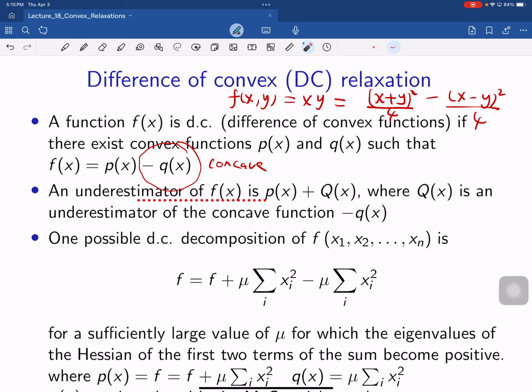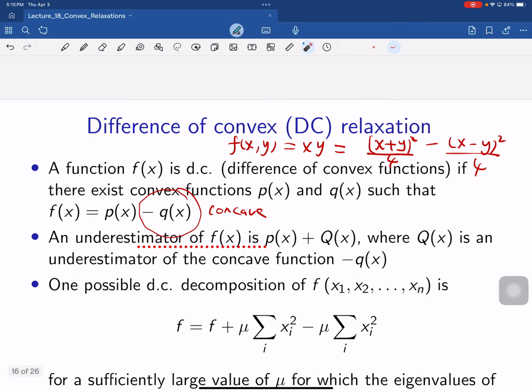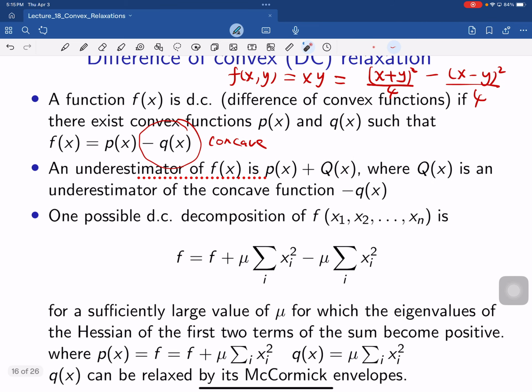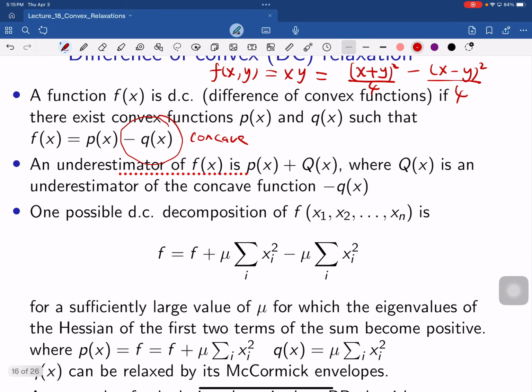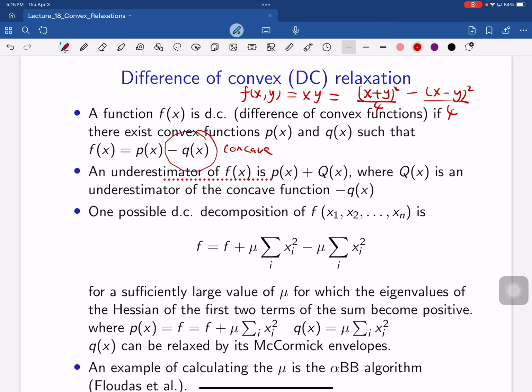Right? So how do you come up with an underestimator of a concave function? We will talk about that later. You can think about, let's say, so this is a concave function. Supposedly I'm only interested in some regions x_L and x_U.